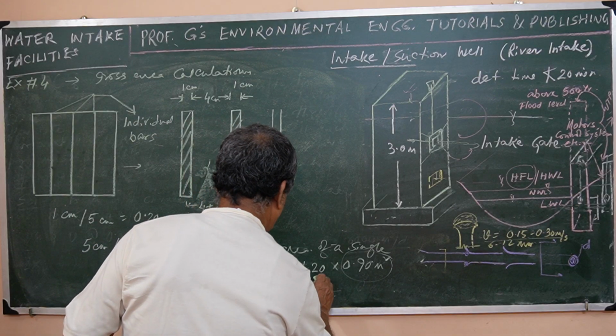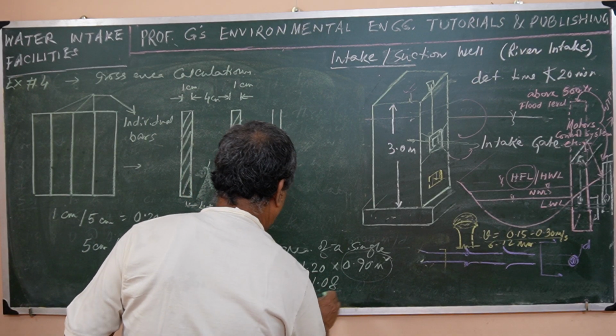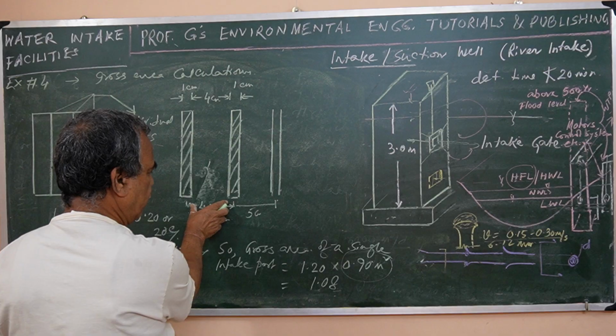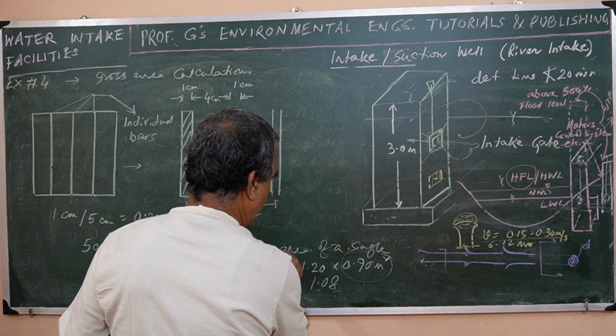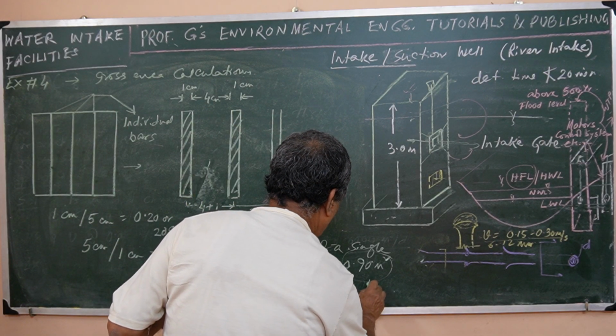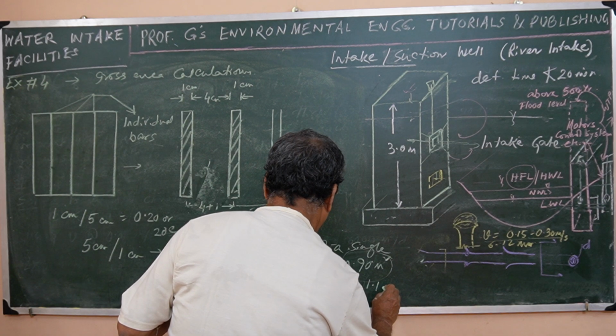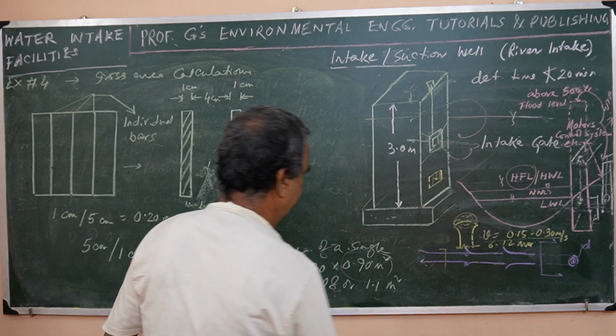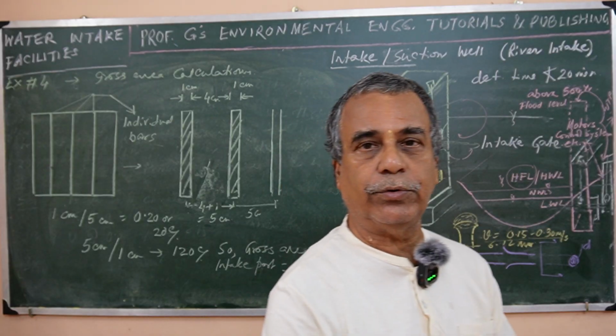So this will naturally be more than the net area or open area, by 20% more, or 1.1 meter square. So I think it is clear to all of you, right?